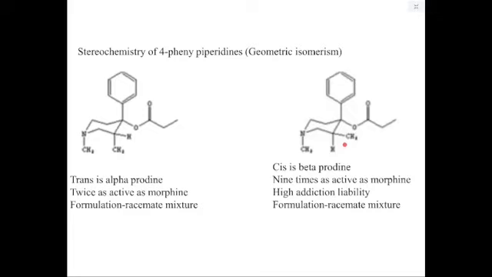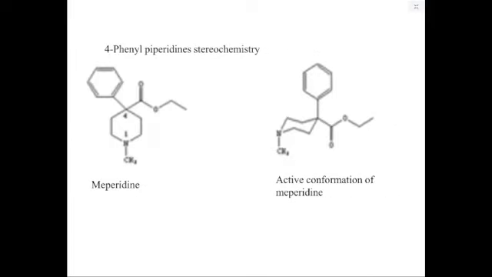Depending on the shape you have, there will be one conformer which will fit the receptor optimally and therefore give you maximum activity. Of course, the higher the activity, the higher the toxicity.